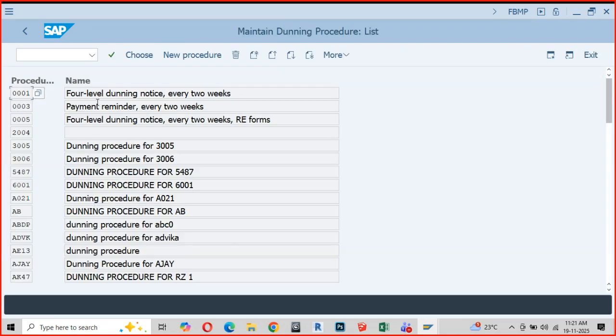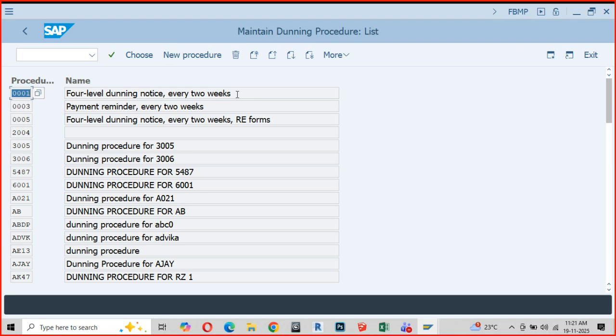Now you see that 0001 is lodged as the standard creation, just like your other standard settings: your company code, your international chart of accounts, your vendor account group KRED, your customer account group KUNA, right?